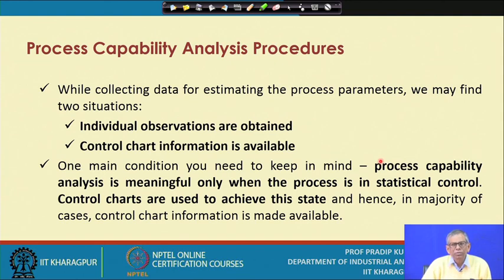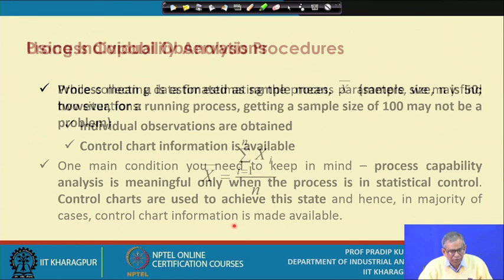One main condition you need to keep in mind is that process capability analysis is meaningful only when the process is in statistical control. This point we have been emphasizing all the time. Control charts are used to achieve this state, and hence in the majority of cases control chart information is available. This point I have already elaborated.